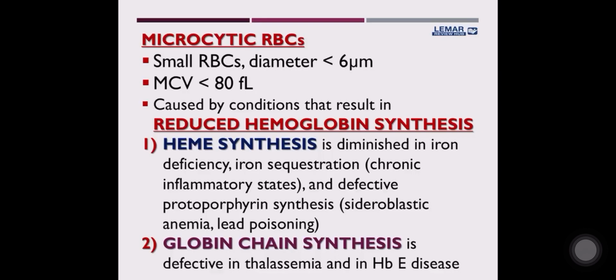Now, this can be due to decreased heme production, for example, in iron deficiency, chronic inflammation, sideroblastic anemia, or in lead poisoning, or defective globin chain production, for example, in thalassemia, hemoglobin E disease.